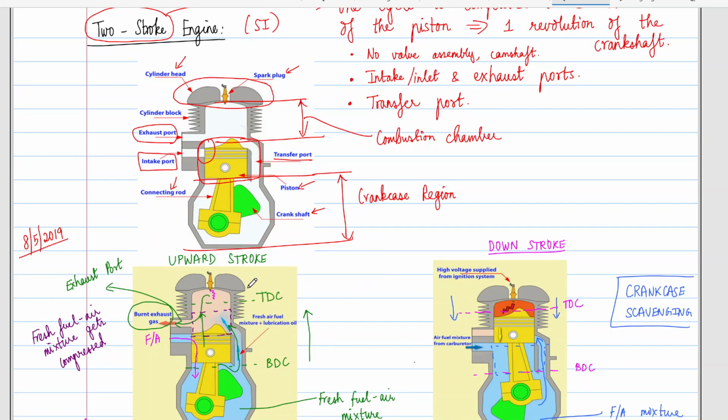So let's look at this diagram, right? If we somehow put compressed air inside, then what would happen? It will take away the burnt exhaust gases, of course, but because of the motion of compressed air, it will also take some fresh fuel air mixture with it, right?